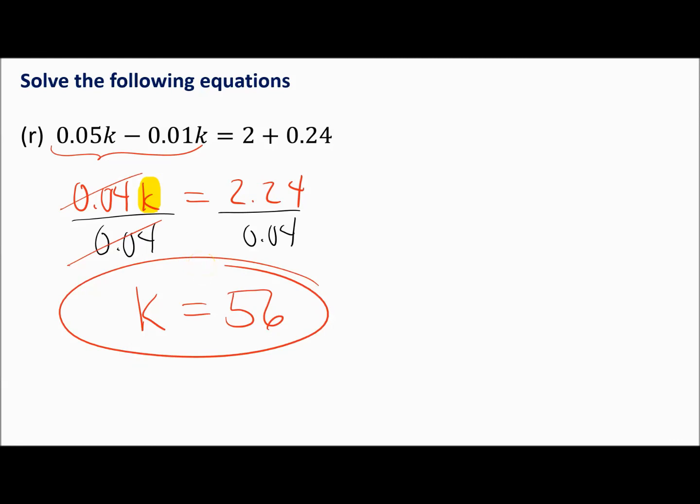And you could check it by doing 0.05 times 56 minus 0.01 times 56, and does that really equal 2.24? I definitely suggest a calculator on this check.